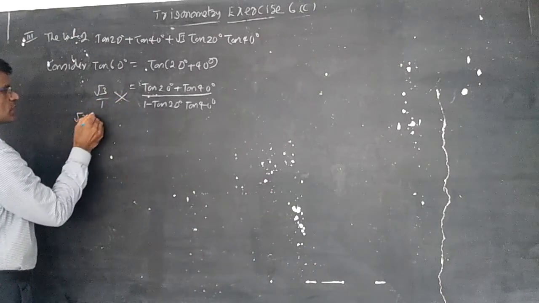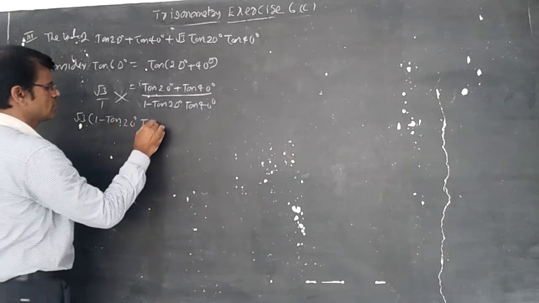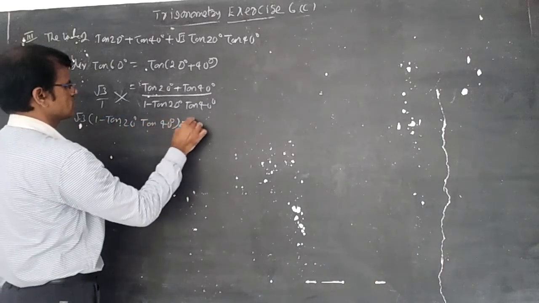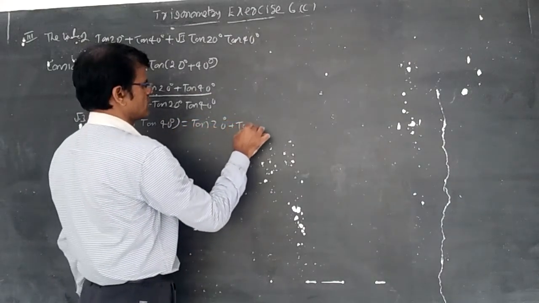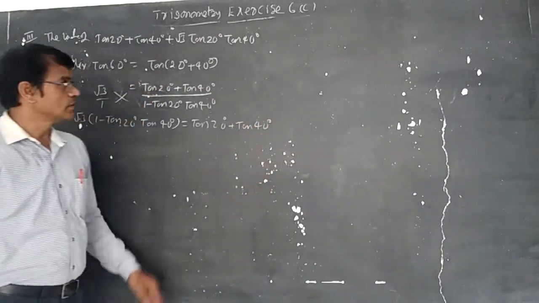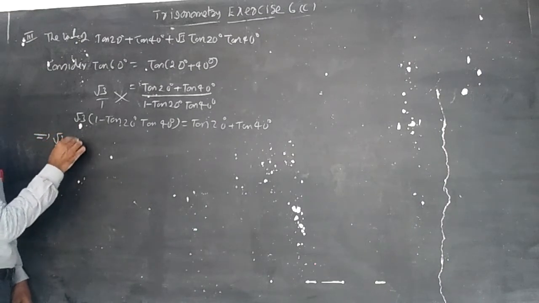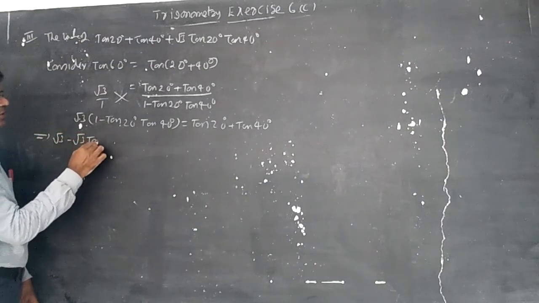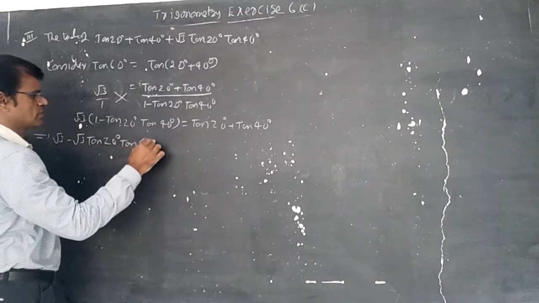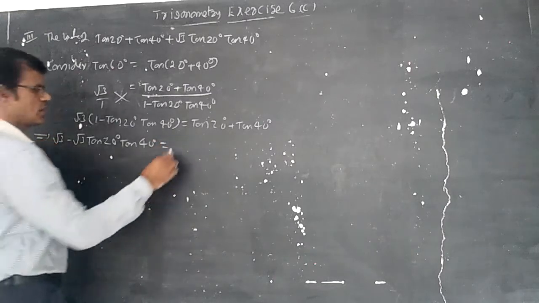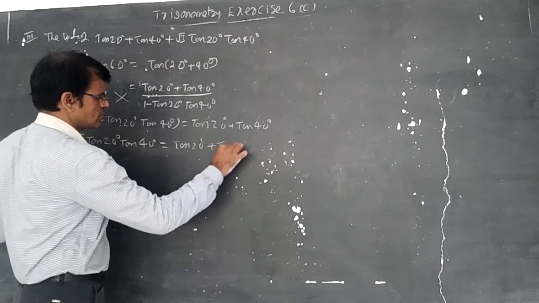Here take cross multiplication: root 3 into 1 minus tan 20 degrees into tan 40 degrees is equal to tan 20 degrees plus tan 40 degrees. Now multiply these two terms: root 3 minus root 3 into tan 20 degrees into tan 40 degrees is equal to tan 20 degrees plus tan 40 degrees.